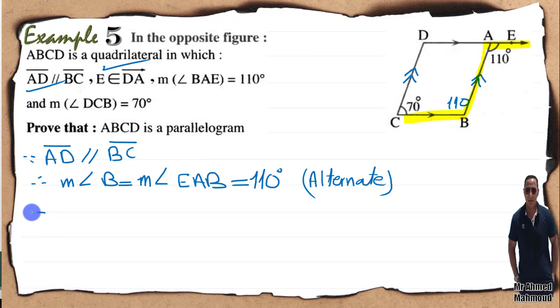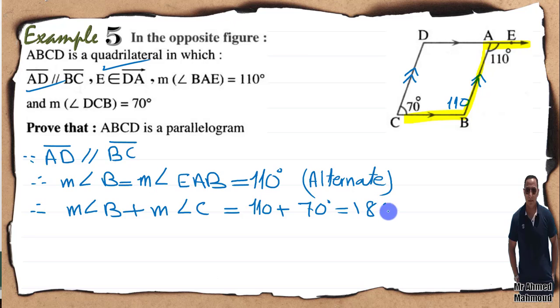Therefore, because this is a conclusion, measure of angle B plus measure of angle C equals 110 plus 70 equals 180 degrees. Therefore, we get that AB is parallel to CD.